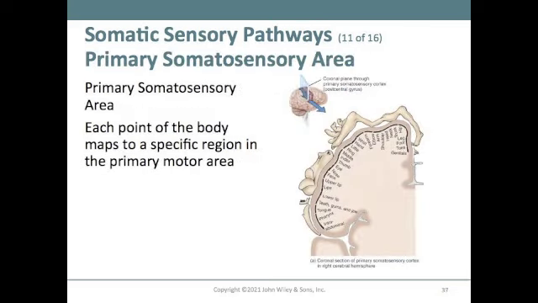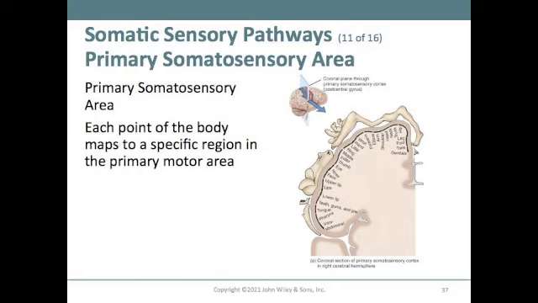And if we turn to page 583, we see that figure 16.8a maps the destination of somatic sensory signals from different parts of the left side of the body in the primary somatosensory cortex of the right cerebral hemisphere. The left cerebral hemisphere has a similar primary somatosensory cortex that receives sensory input from the right side of the body.